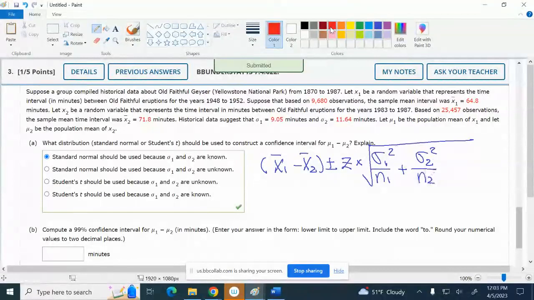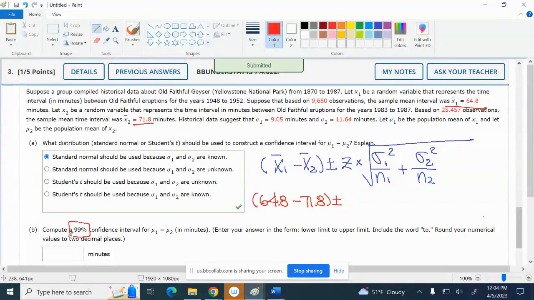Then let me plug all statistics into the formula. x1 bar is 64.8 minus x2 bar 71.8, and I need a z-score from the confidence level. To remember, we can take the z-score from the t-table. Going to the t-table, for 99%, at the bottom there is a z-score.